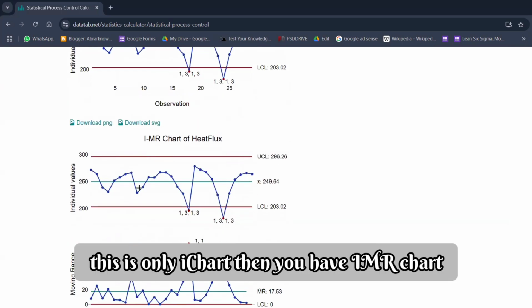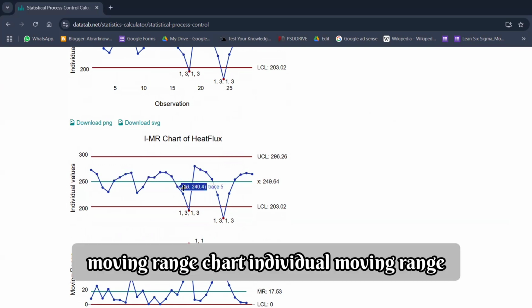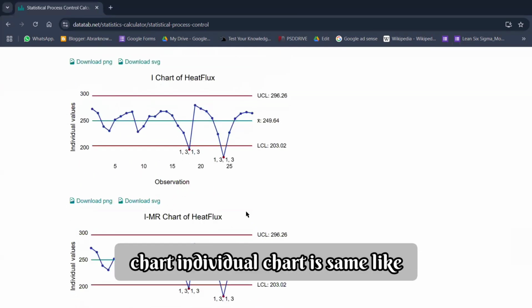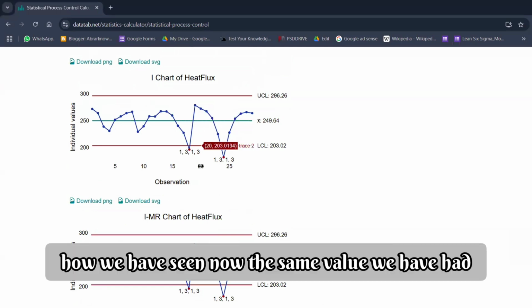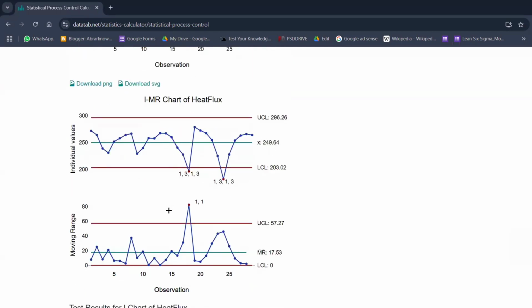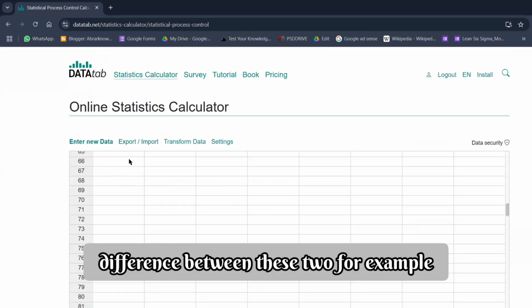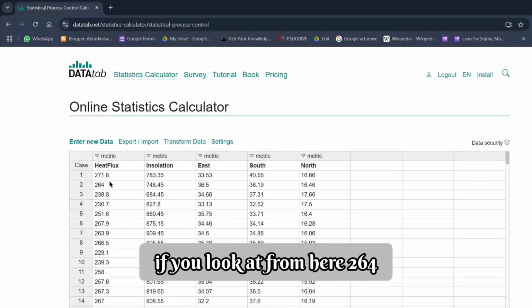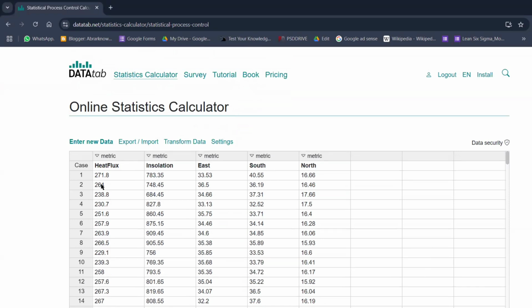Then you have the IMR chart. When you say IMR chart, it is the individual moving range chart. The individual chart is the same as what we have seen now, the same values, and then the range chart. Range is the difference between two consecutive values. For example, for the first value, 271 minus 264 is almost 8, 8.8.